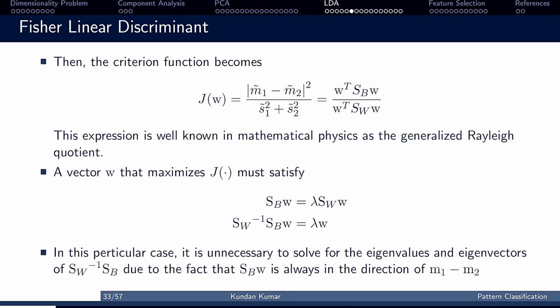Then our criteria function will become like this. We are just putting the values of numerator and denominator that we just derived. So this is our final criteria function.